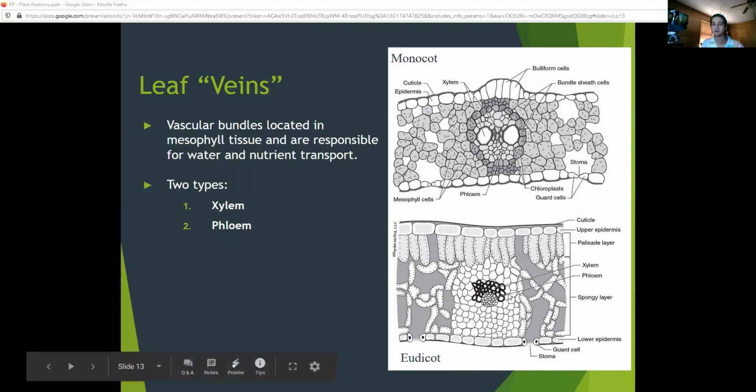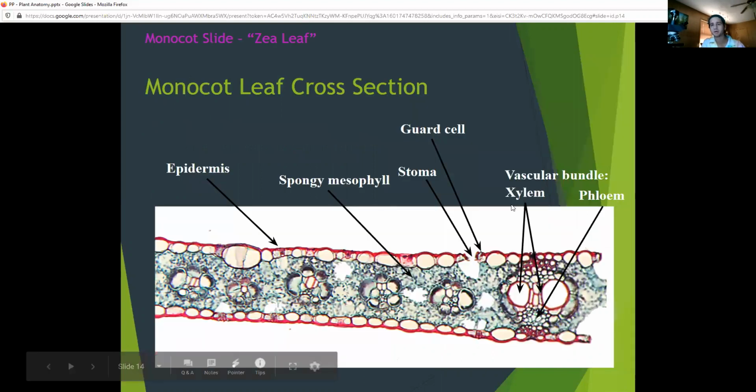So here are our illustrations of them in these two different plants. Go ahead and take a look at what they look like in real life. So here we have a zeol leaf in cross section. Here are our vascular bundles. They look like little scary Halloween faces, right?